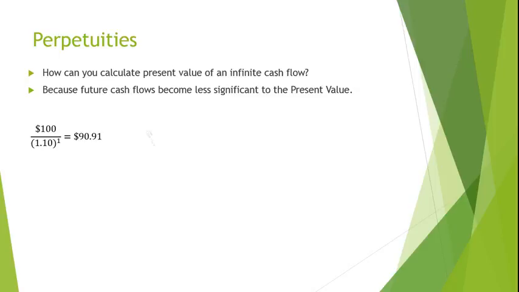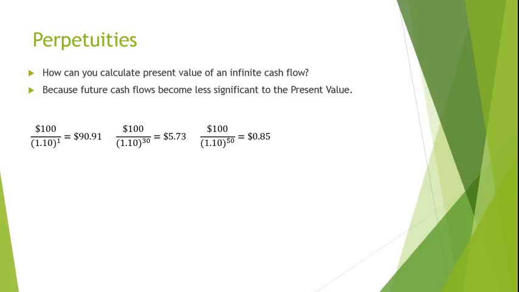A $100 cash flow received 30 years from today would only have a present value of around $5.73 discounted at the same interest rate. To take this a step further, a $100 cash flow received 50 years from today would only have a present value of about 85 cents.